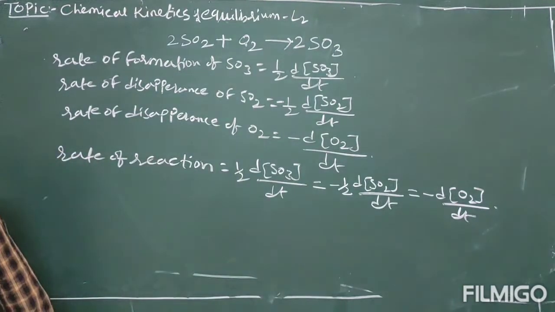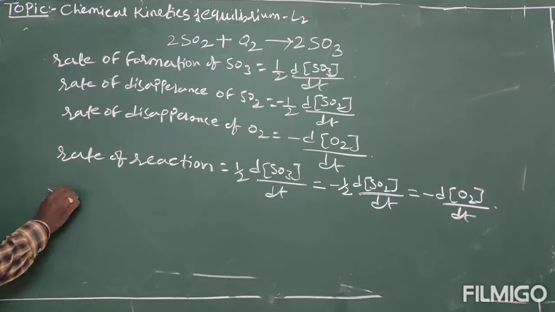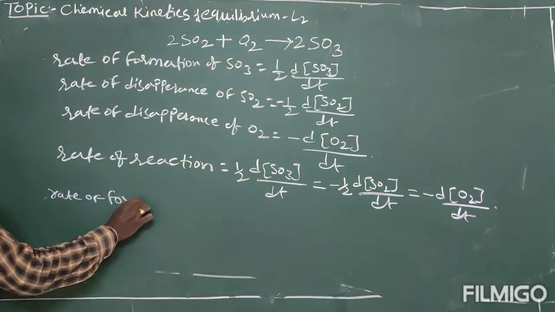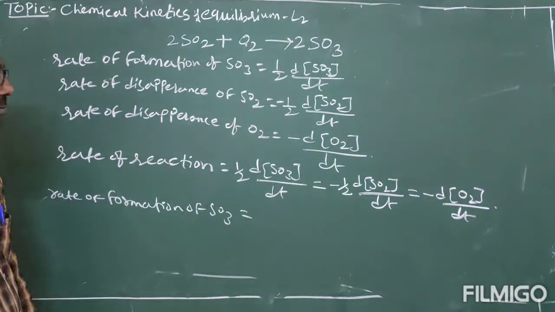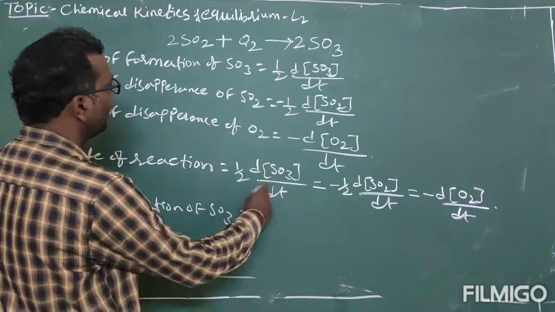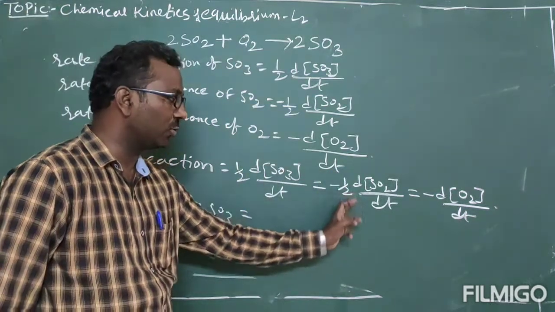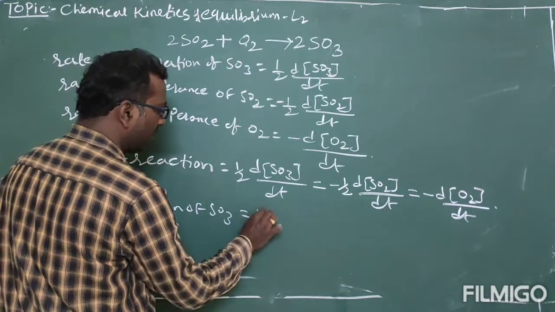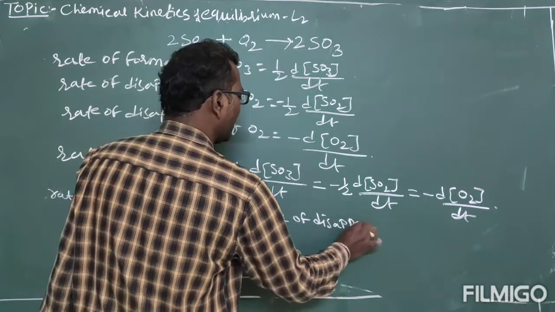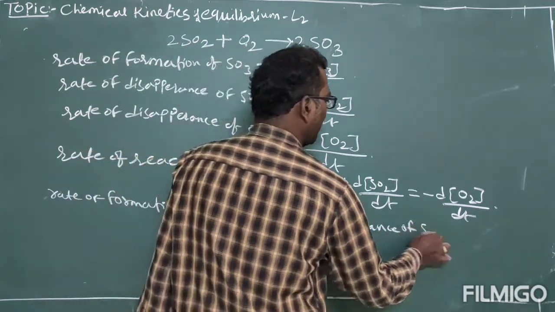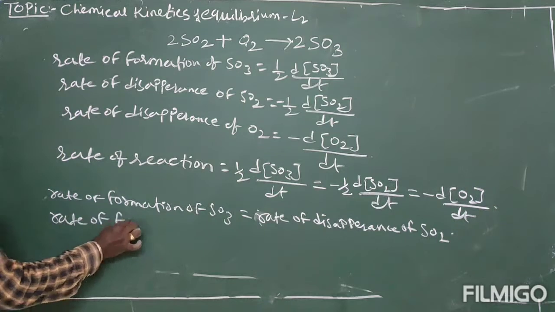So now what I can conclude, rate of formation of SO3, when I bring this to this side, 2 will get cancelled, is nothing but equal to rate of disappearance of SO2.